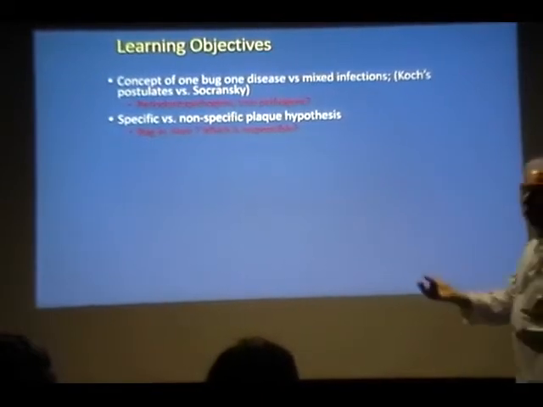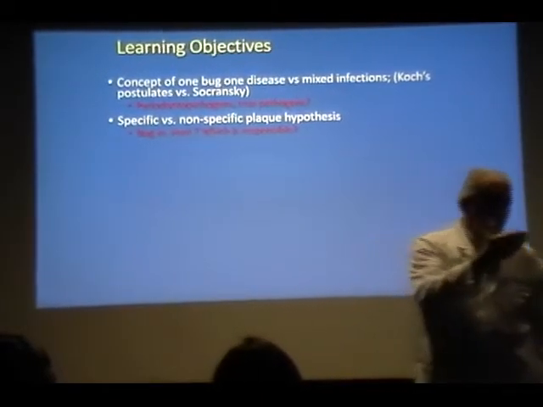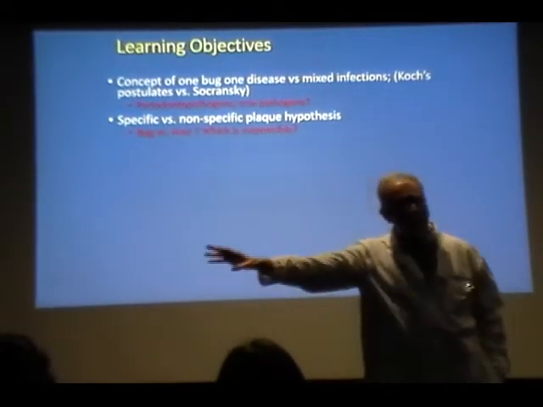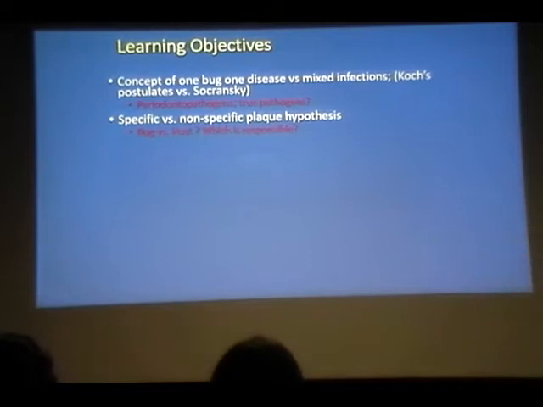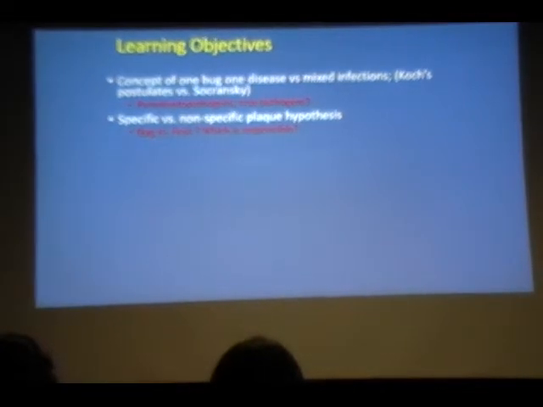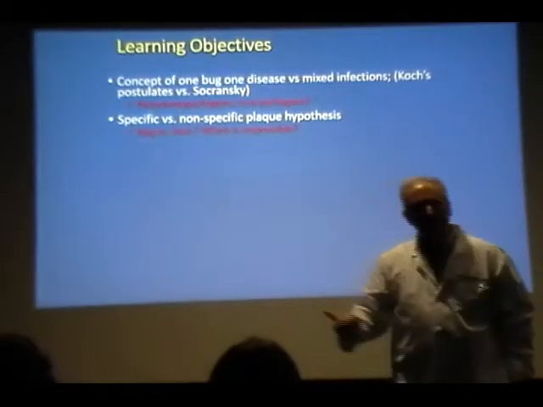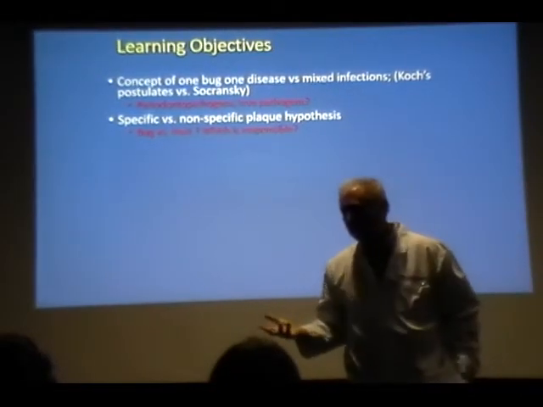Is it a bug-only disease, meaning the bug is there, the bug goes up in high numbers, the bug causes the disease? Or is it a host-related disease? Doesn't matter what bug is there. It's the way the host responds to that bug, and that can be genetically predetermined.